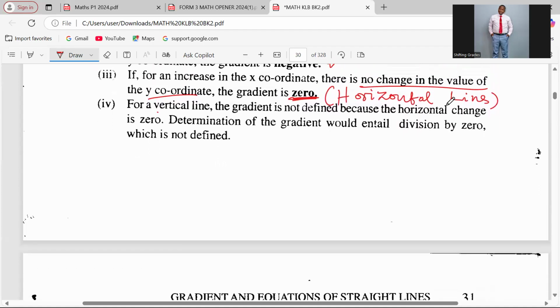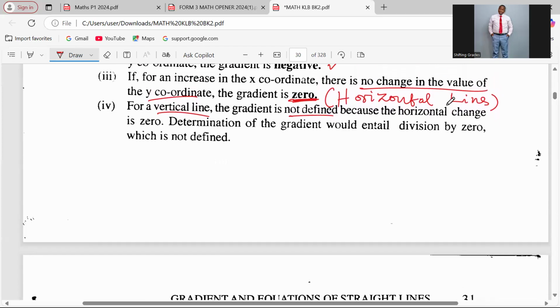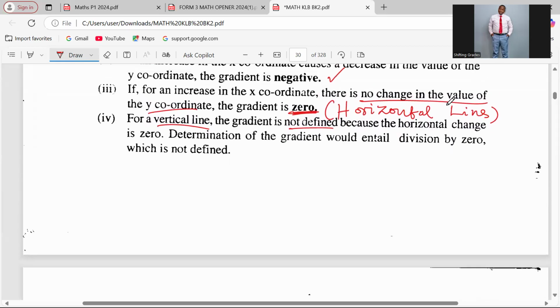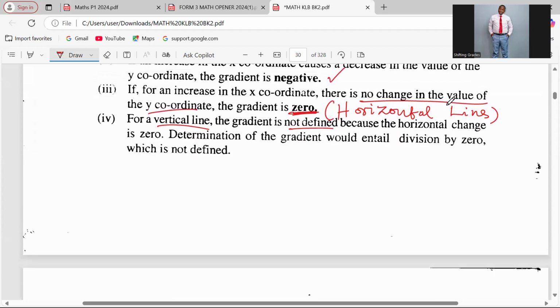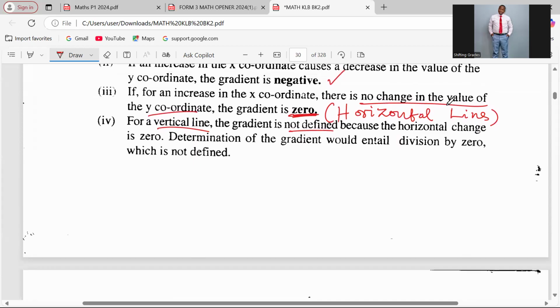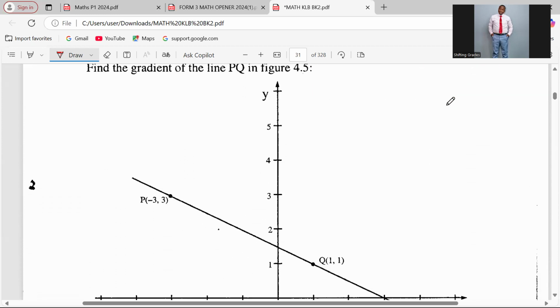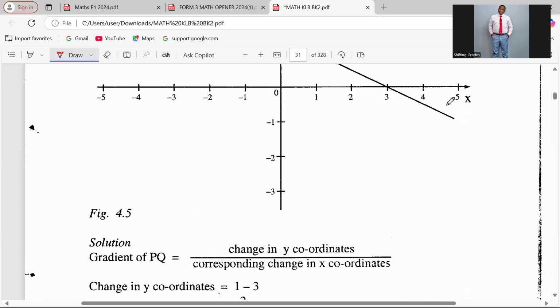Then finally, for vertical lines, the gradient is usually undefined. It's not defined, it's infinity, because there is no change in the x. Without change in the x, that means we are dividing by 0. The answer will be infinity.